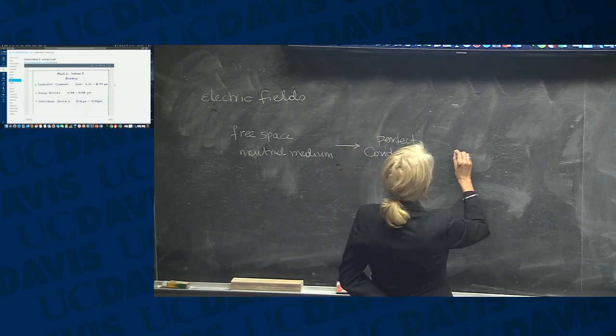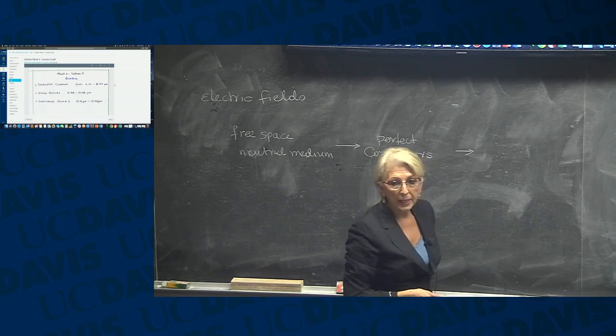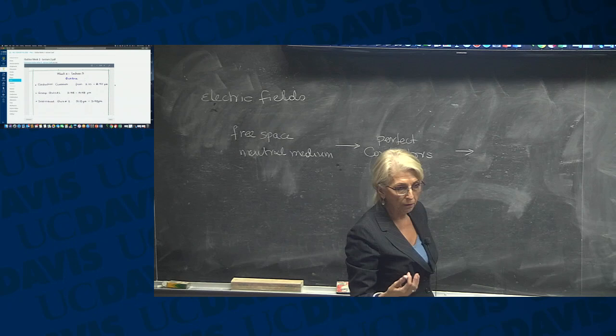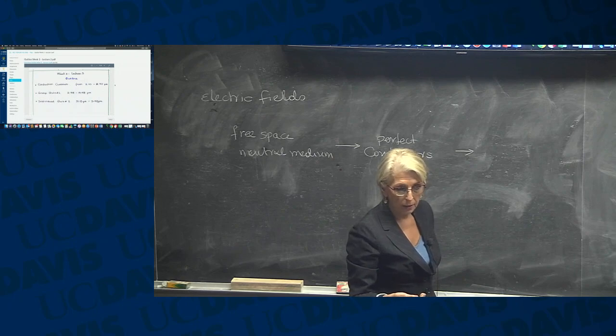Then we went from perfect conductors to perfect dielectrics. What does it mean? A dielectric that is uniform, that is linear, and that does not have losses.